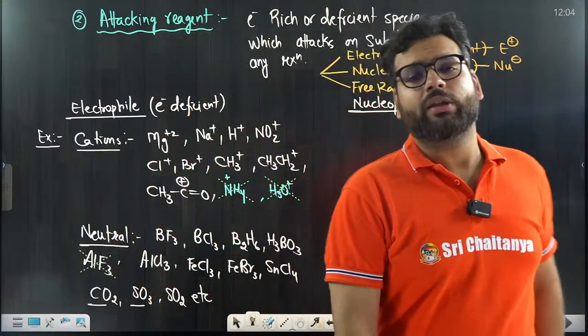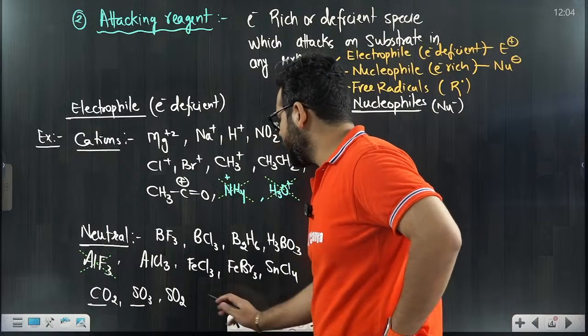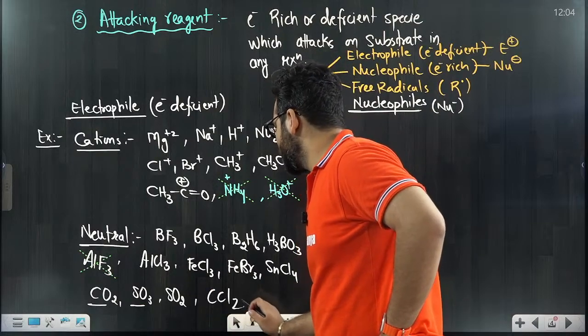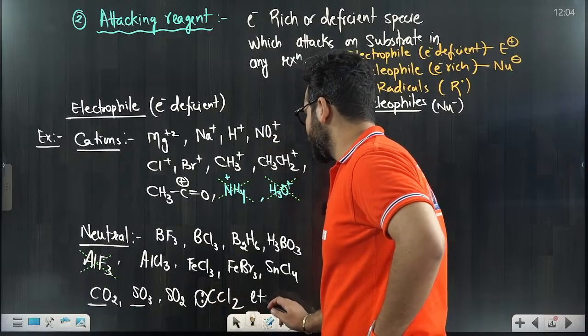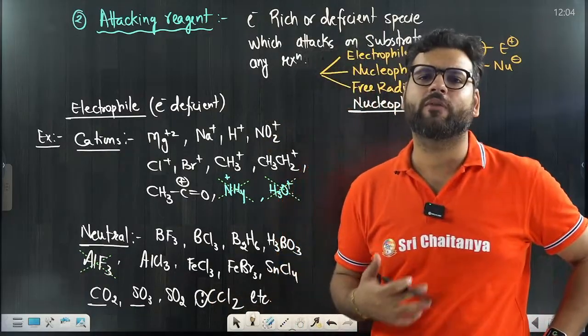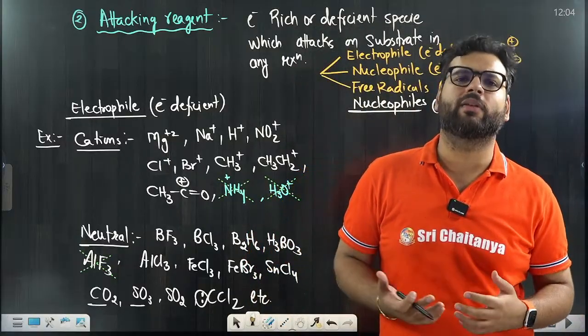Then some of the neutral ones can be double radicals, like carbene, CCl2 carbene, you can mention. This will be present in Reimer-Tiemann reaction. Have you heard of Reimer-Tiemann reaction? Anybody? Where dichlorocarbene will be electrophile.